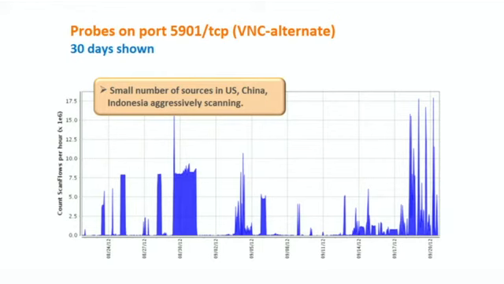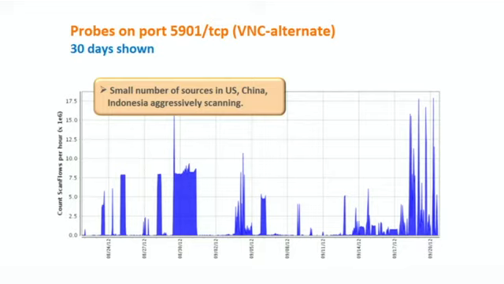So first up is we saw an increase in activity on 5901 TCP. This is probably scanning for VNC. I don't know if this is an official registered port as a VNC alternative, but I know it's the second port on VNC, usually for the second screen option.